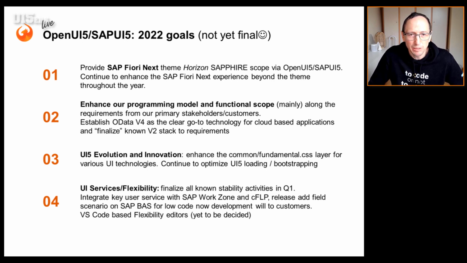The second goal, the programming model and functional scope, will continue. We have a long list of requirements from our primary stakeholders and also from customers' perspective. Currently, the focus is on date, time and formatting, timestamp, and time zone handling, so that you will be able to configure other time zones than the one of your operating system.